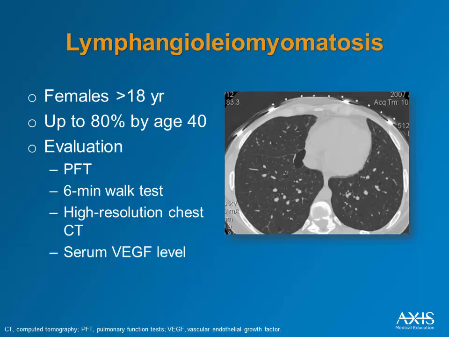The evaluation for this would include pulmonary function tests, a 6-minute walk test looking for signs of dyspnea, high-resolution chest CT, and serum VEGF values can actually also be used as an indicator of this condition.